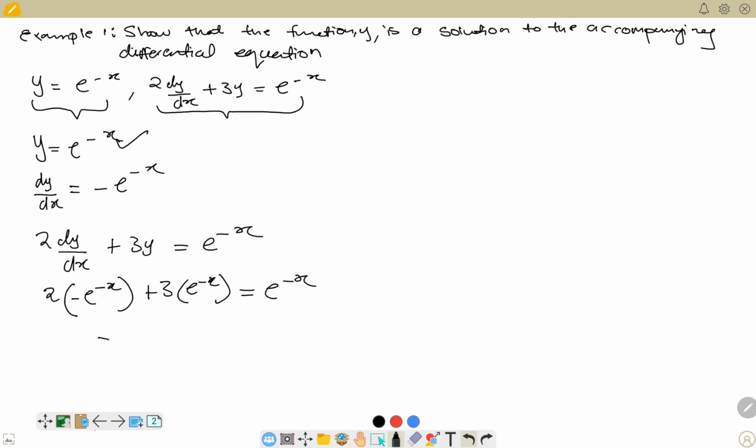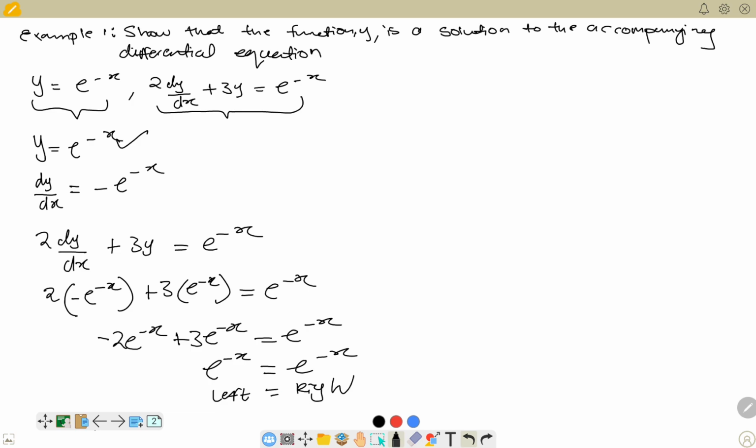So we can see here we'll have negative 2e to the power negative x, then plus 3e to the power negative x, then equals e to the power negative x. Then when we add negative 2 and plus 3, we get that this is equal to e to the power negative x. So we can see that the left side of the equation is equal to the right side of the equation.